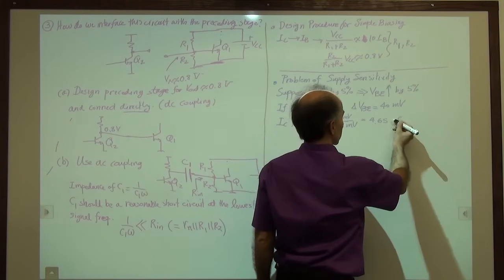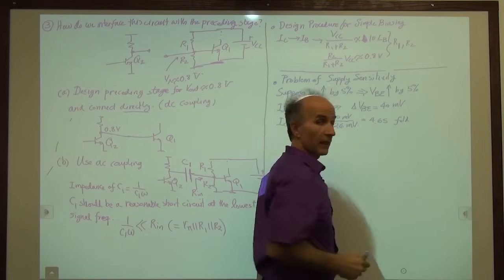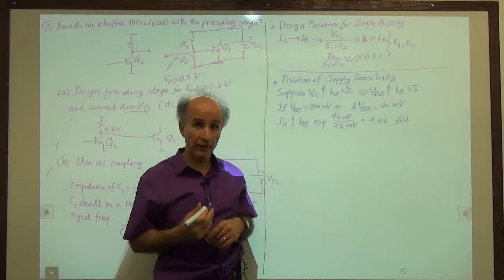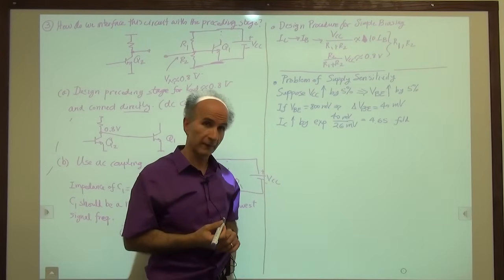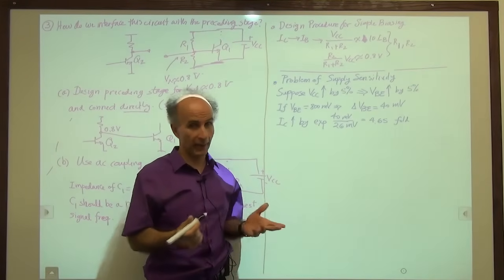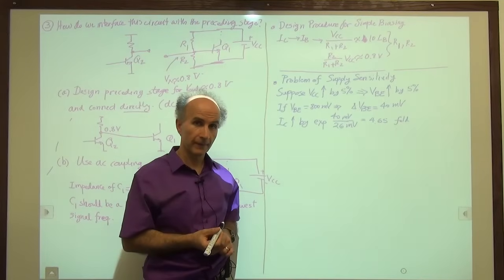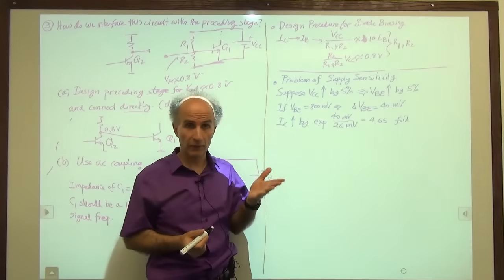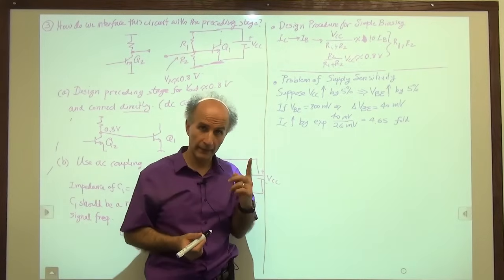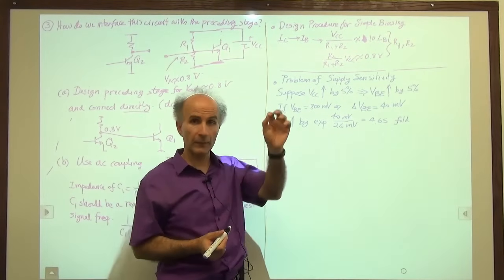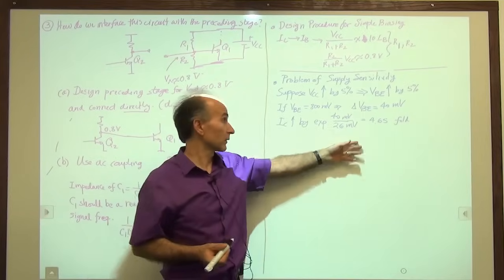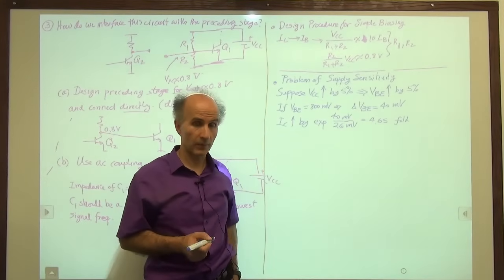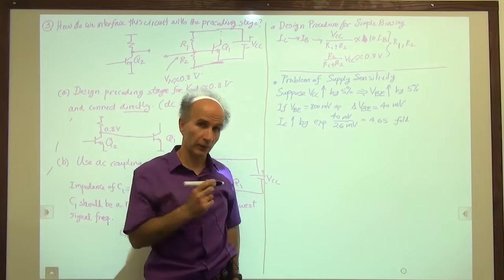So I will write fold here so that you remember this is a multiplication factor. So the collector current goes up by a factor of 4.6, 4.7. That's huge, right? We can't tolerate that. So that's a problem. We designed the circuit, let's say, for a collector bias current of 1 milliamp, but when the supply went up by 5%, suddenly the collector current jumped to 4.65 milliamps. So that is a serious problem. And the question is, how do we fix that?